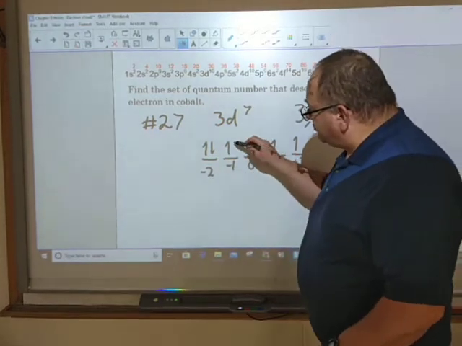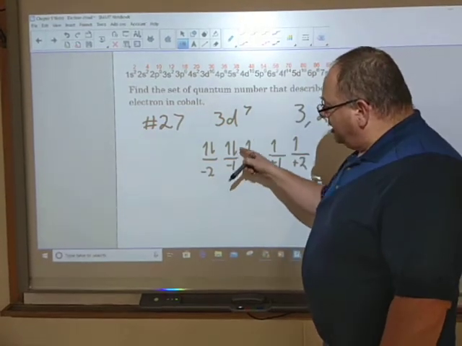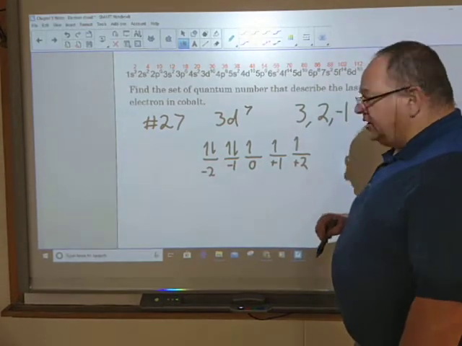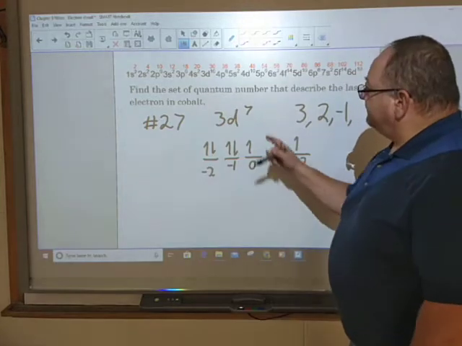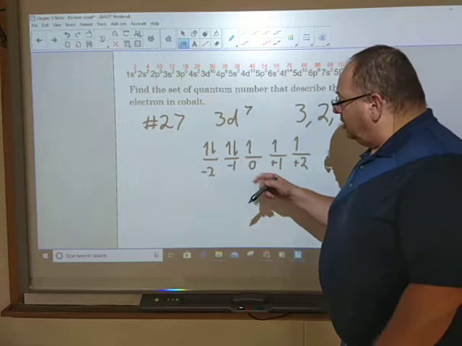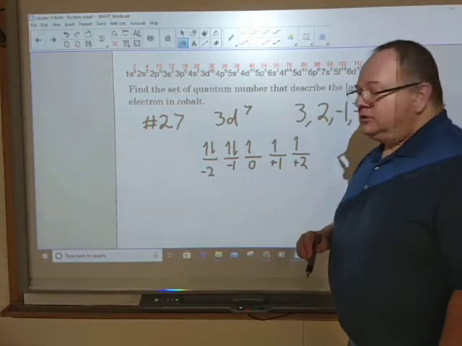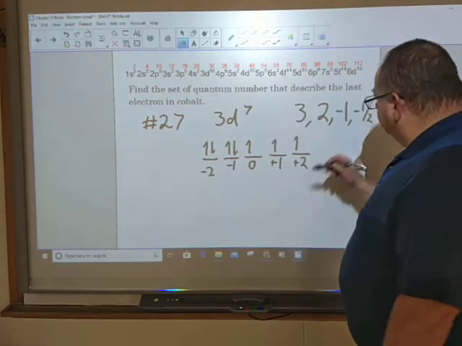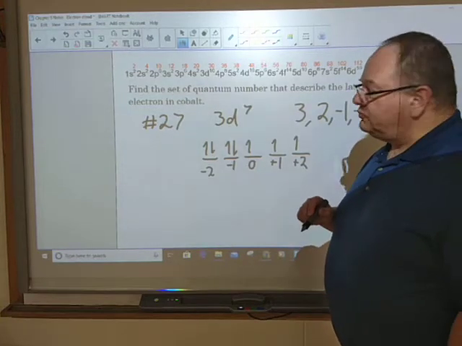The 7th electron, here's the one we're looking for, 7th electron ends up in the -1 orbital, so my third quantum number is -1. It was the 2nd electron in the orbital, so it has a -1/2 spin. I'm hoping that clarifies the question I received about the spin quantum number +1/2 or -1/2.